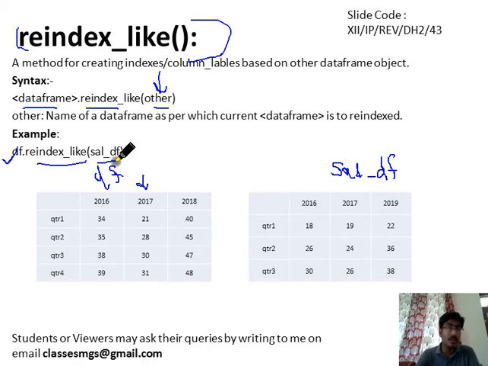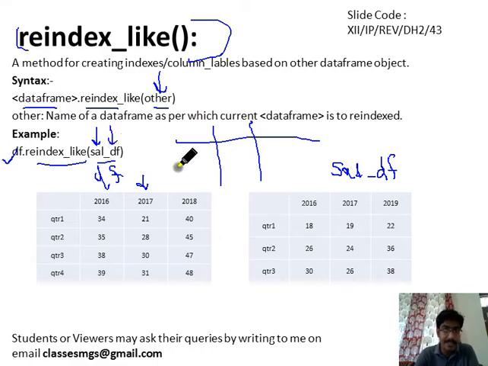In this case, what will happen? With reindex_like(cell_df), the structure of cell_df will be taken as it is, like this I am creating here. The structure of which data frame will be taken? The argument which we have passed, so the cell_df structure will be taken.